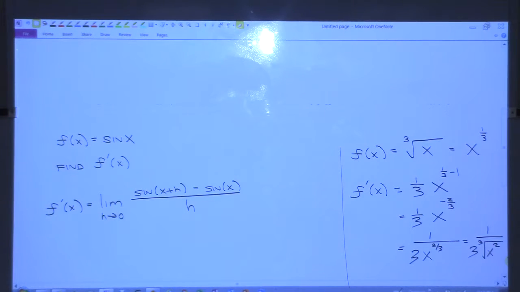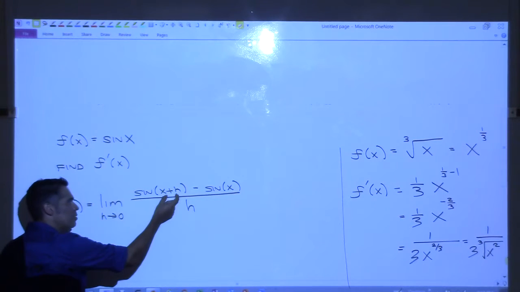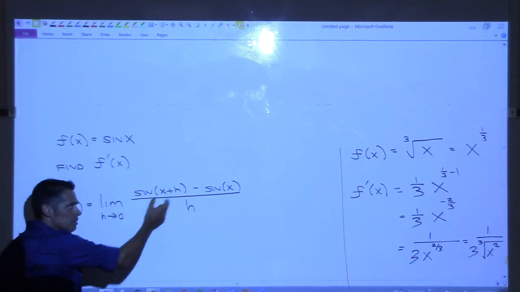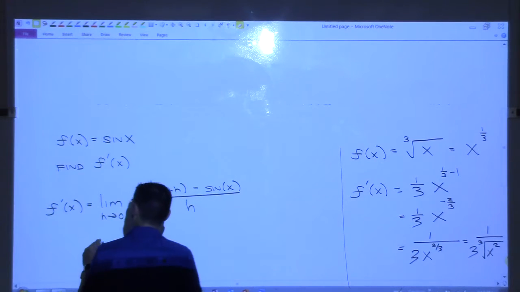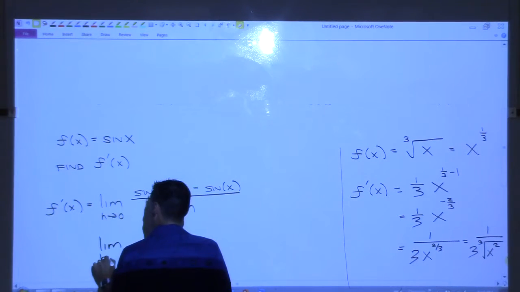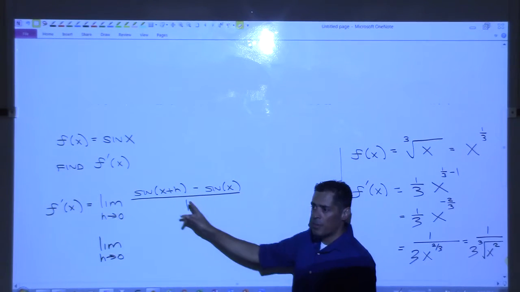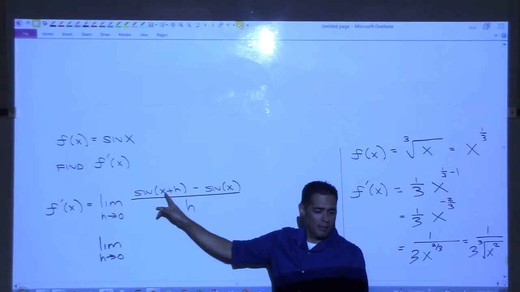But you took pre-cal, right? And there is a formula when you have sine of two things added together. Do you remember what that formula was? So this is called the sum and difference formula for sine.